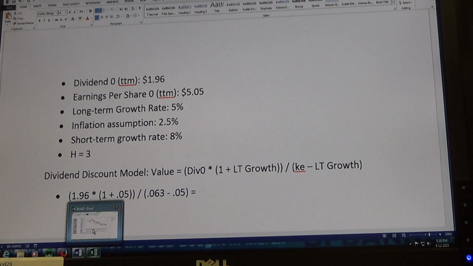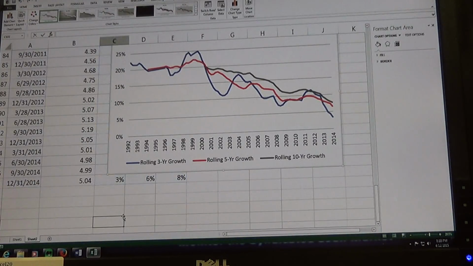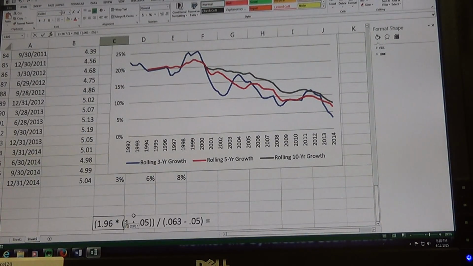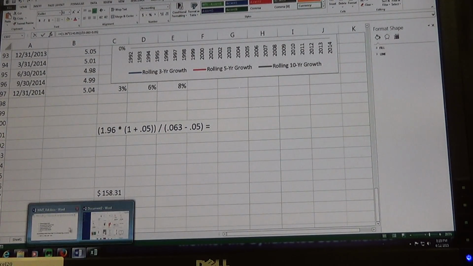I don't think we're going to like this valuation, but we'll try it. It's going to probably give us a little bit higher value than we were expecting, but it's all right. So 1.96 times 1 plus 0.05 divided by 0.063 minus 0.05 gives us $158.31.